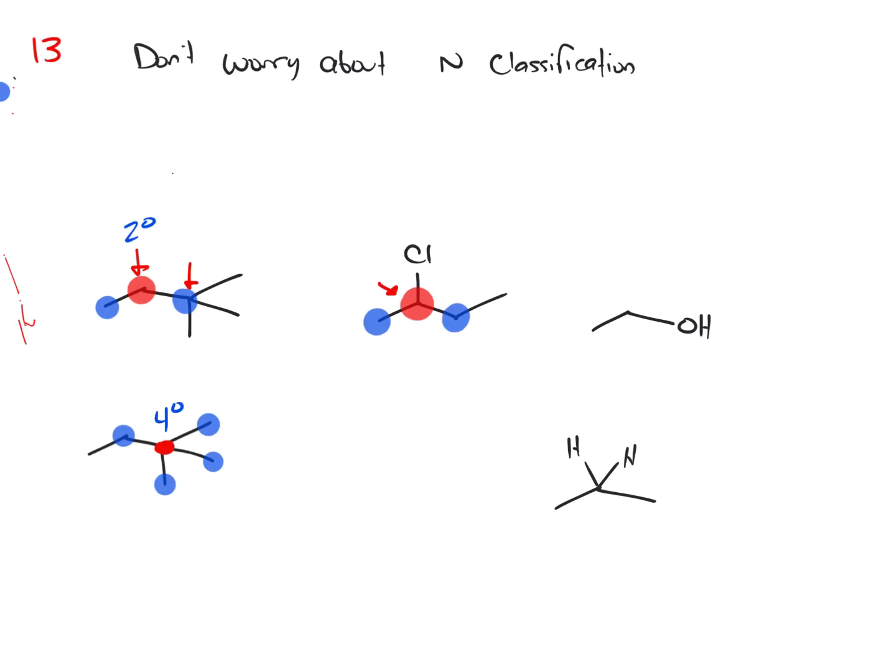You could still just call that a secondary carbon, or a better name for this, now that we know functional groups, a secondary chloride. Do the same thing with an alcohol functional group. Just look at how many carbons are attached. 1 carbon attached. That's a secondary functional group, is an alcohol.